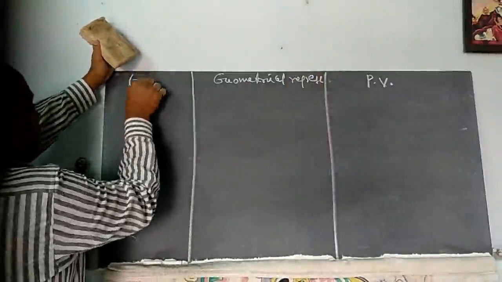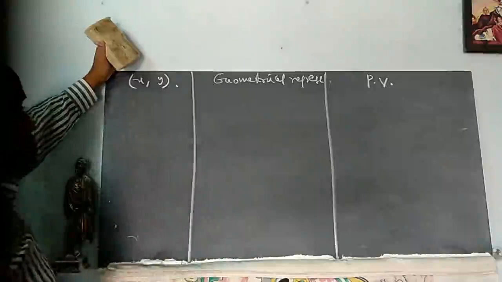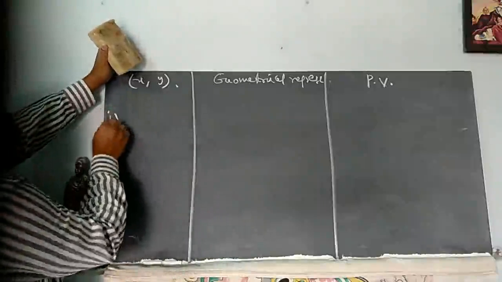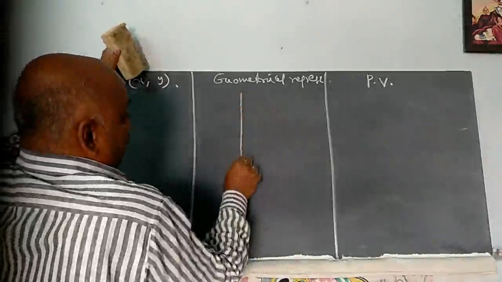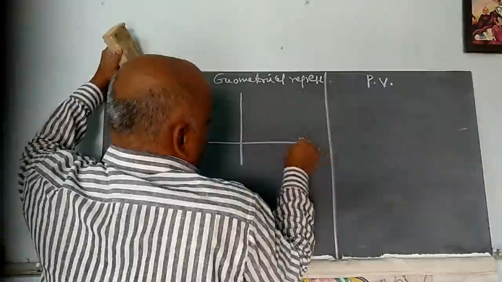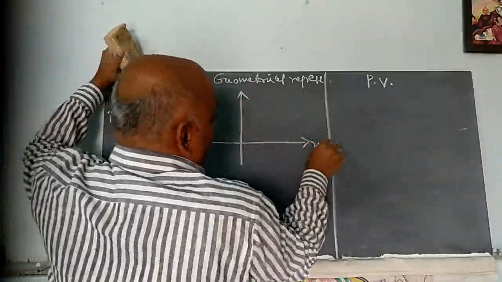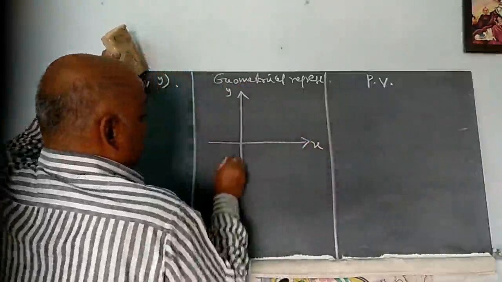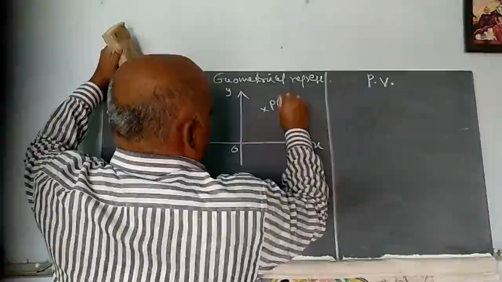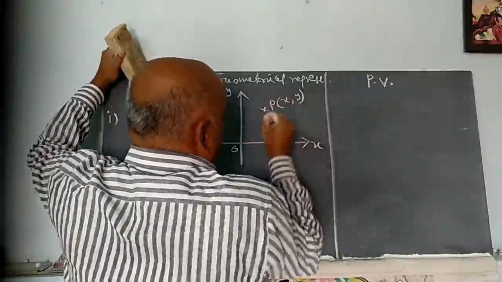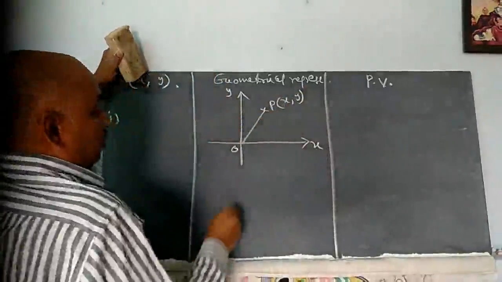Coordinates (x, y). The first one is the first quadrant. x-axis, y-axis, origin, P(x, y), theta.